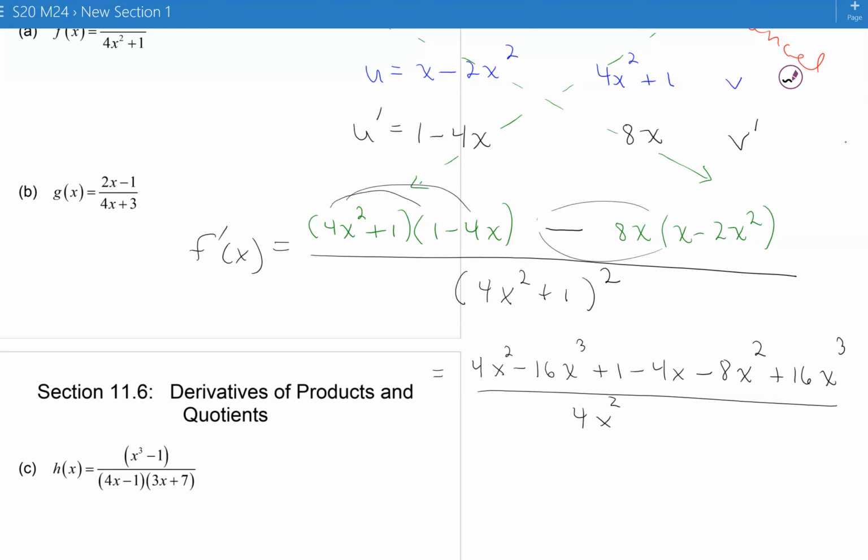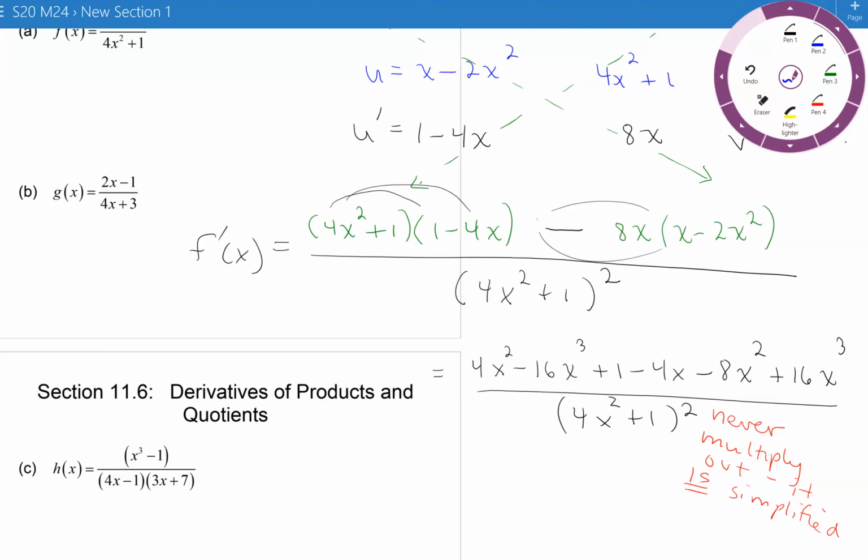And that's going to be over 4x squared plus 1 squared. And you're never going to multiply this out. It is simplified. Okay, factored is simpler, so don't ever multiply out the denominator. It will make your life harder, not easier.